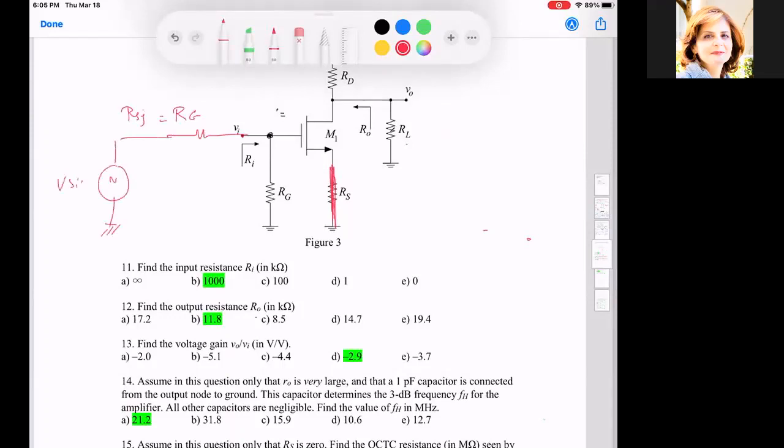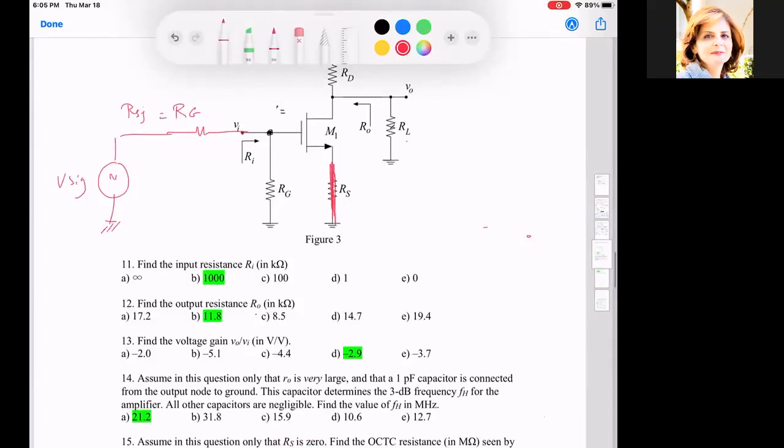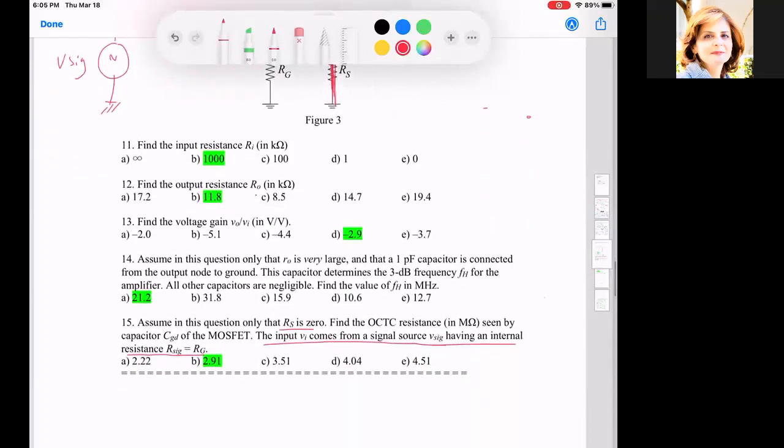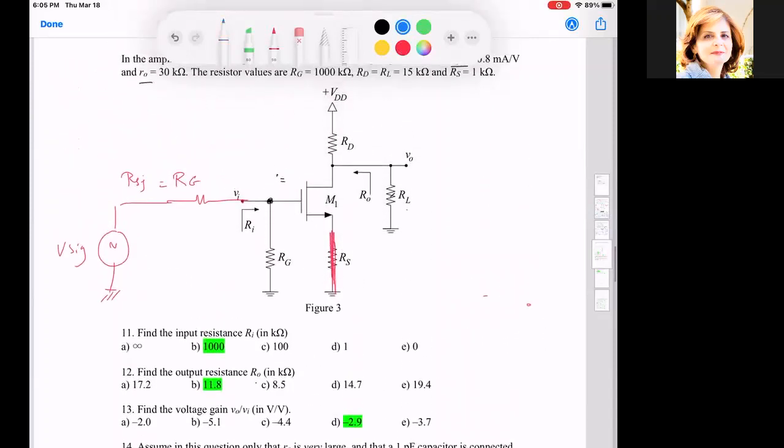So this is Vsig, and the circuit looks like this. And then he says find the resistance seen by CGD. So we need to find the resistance seen by CGD. If I have this capacitor, CGD, he wants me to find the effective resistance seen by it.